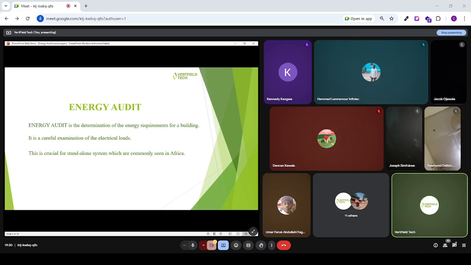Now, this energy audit, after it has helped you to know the energy need for your facility, will then use that information to size your various solar components.